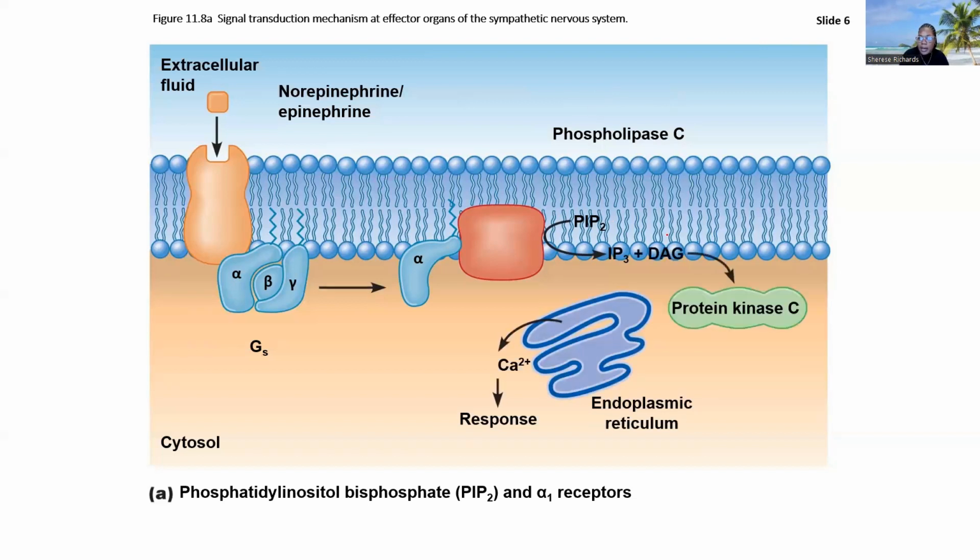IP3 and DAG can both enter the cell. IP3 can result in calcium release, which can result in our response that way. DAG can result in phosphorylation of proteins in the cell, which can also be another way that will result in cellular response. All right, so this is the case for our alpha-1 receptors.